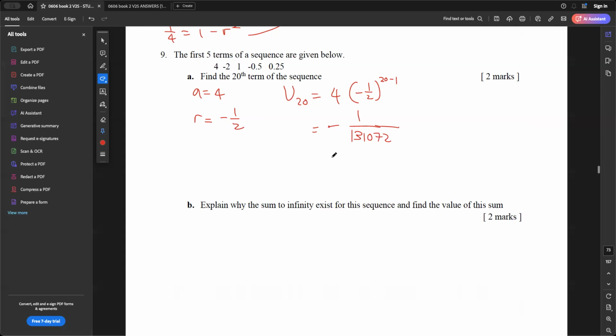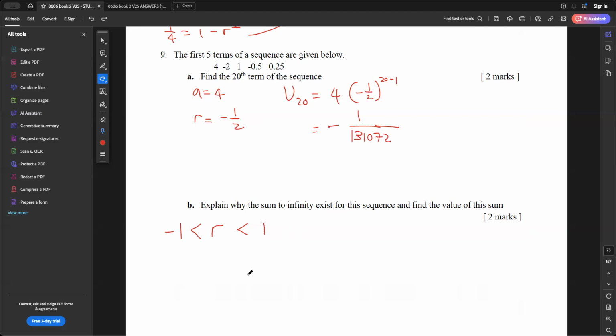Okay, so explain why the sum to infinity exists. A concept question. Why does the sum to infinity exist? Correct. When the R value is between -1 and 1. Our R value right now is -1/2, so it falls in here, right? Then the sum to infinity will exist for these kind of questions. So the number will keep getting smaller and smaller.